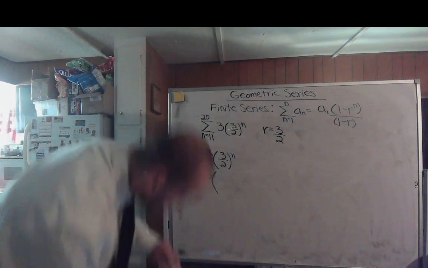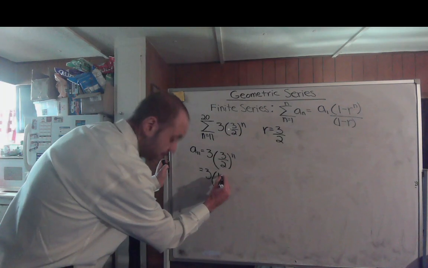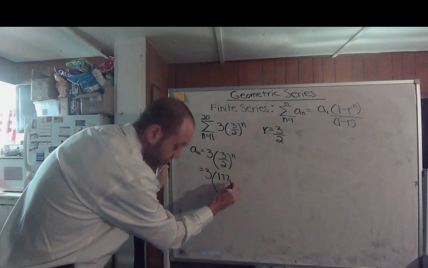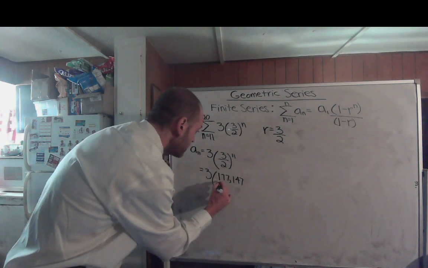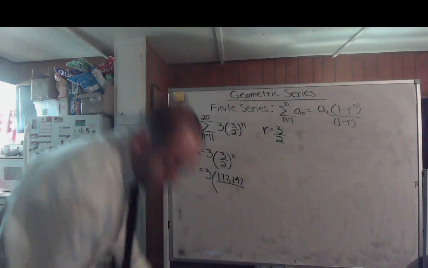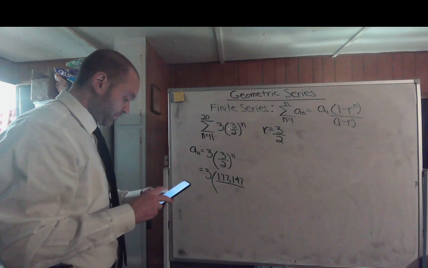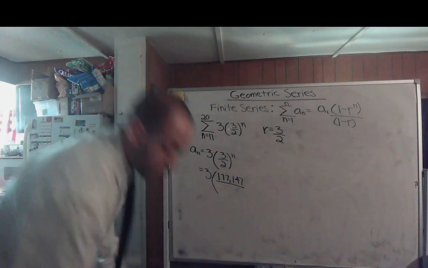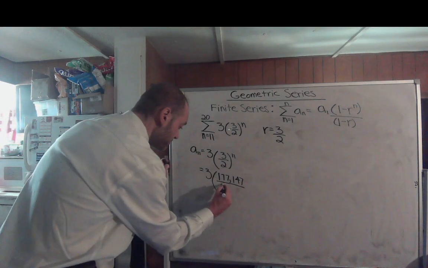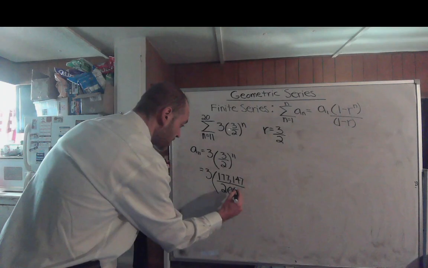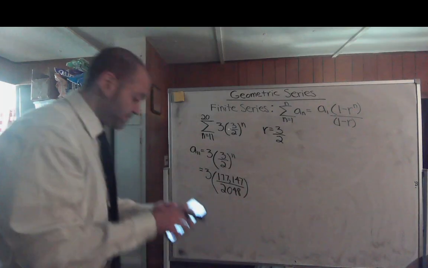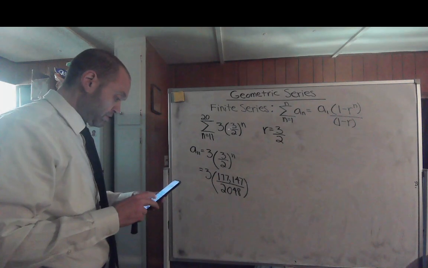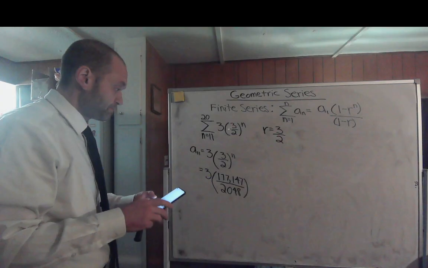Three to the 11th is 177,147 all over, now what is 2 to the 11th? That's just 2,048. What I would like to know is, does 2,048 divide by 3? No, it does not.